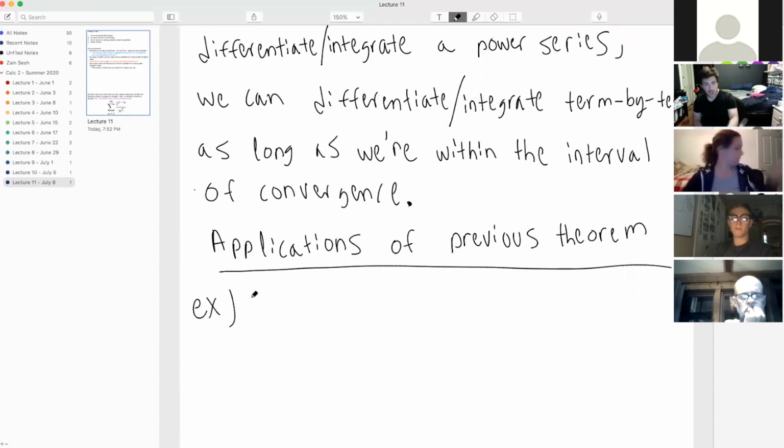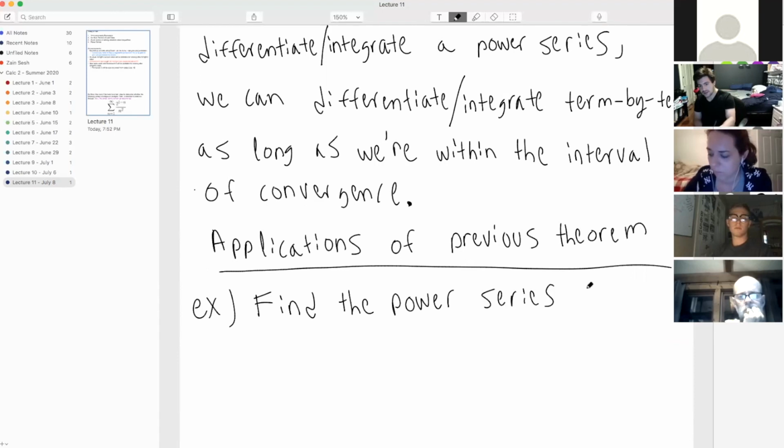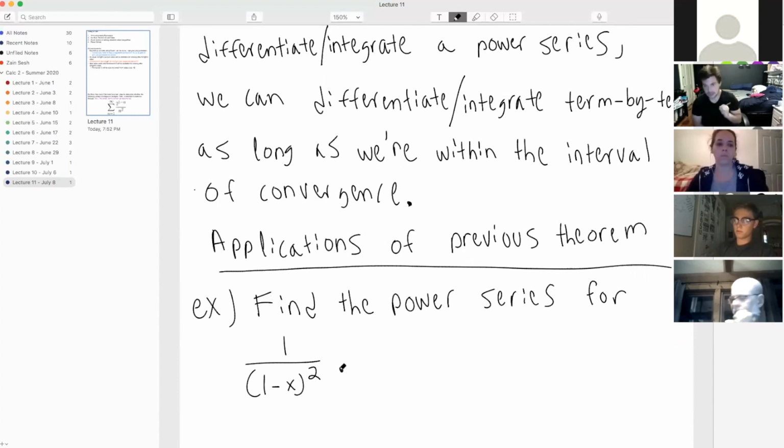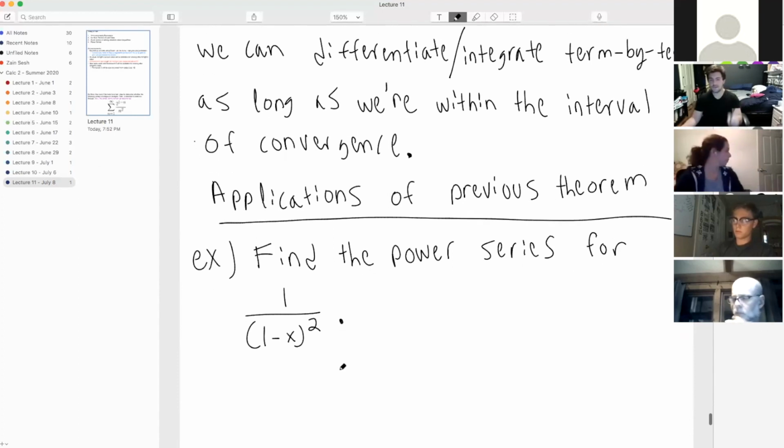So our task is going to be to find the power series for the function 1 over the quantity 1 minus x squared, okay? And you'll see how.